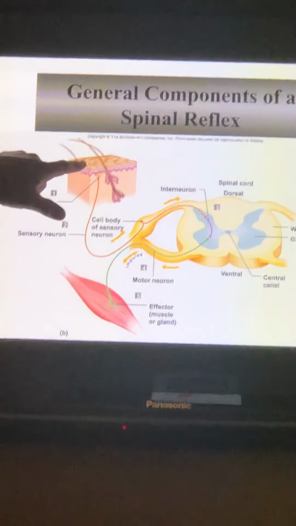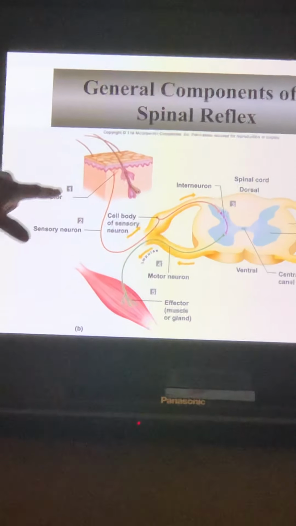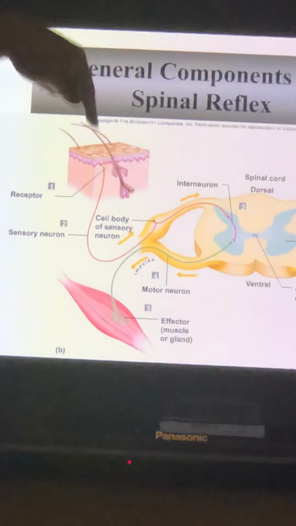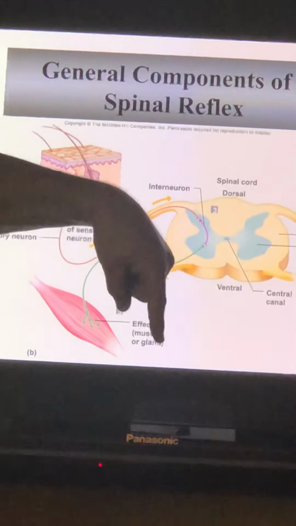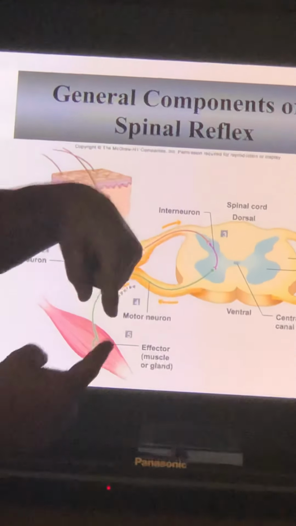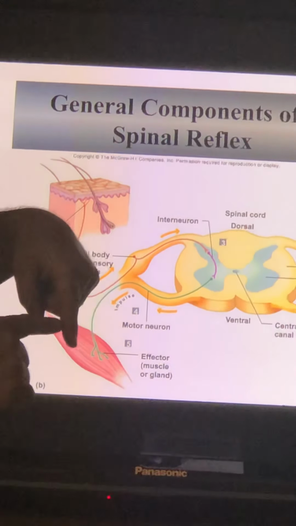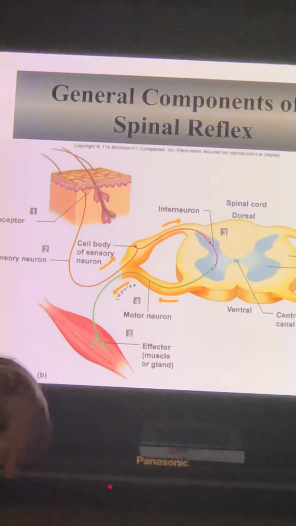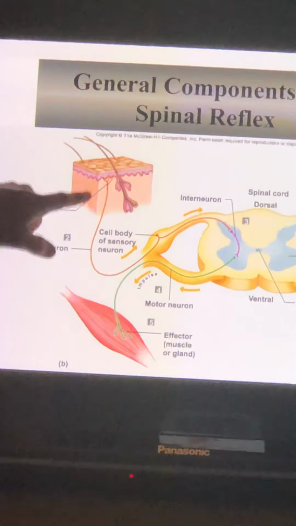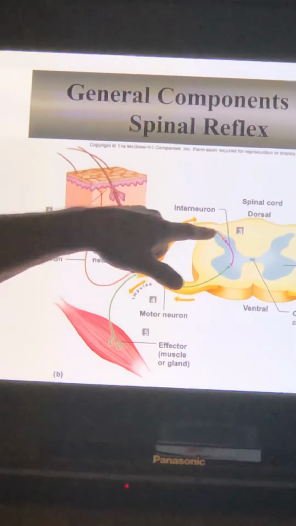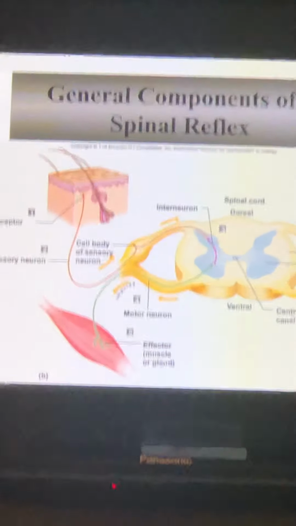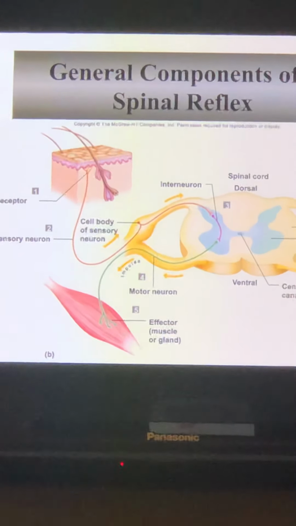Here's a part of your skin. The first thing is a sensory receptor, and I accidentally put my finger down on a tack. That part of the skin has a sensory receptor, and it's going to send an impulse of pain back over a sensory neuron into the dorsal horn, and your spinal cord is going to say, ouch, right?